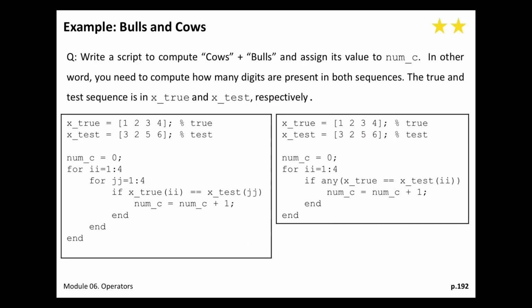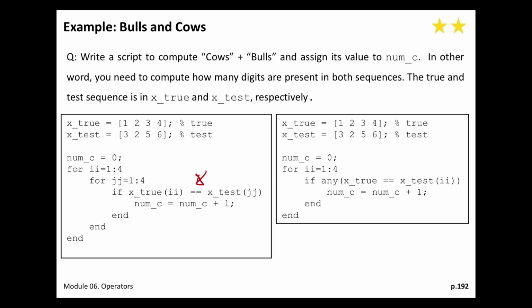Okay, let's revisit bulls and cows. How to compute bulls plus cows using the logical operator. To solve this question, previously we used the double loop structure to access each value in xtrue and xtest. So in this case we're comparing individual numbers, right?